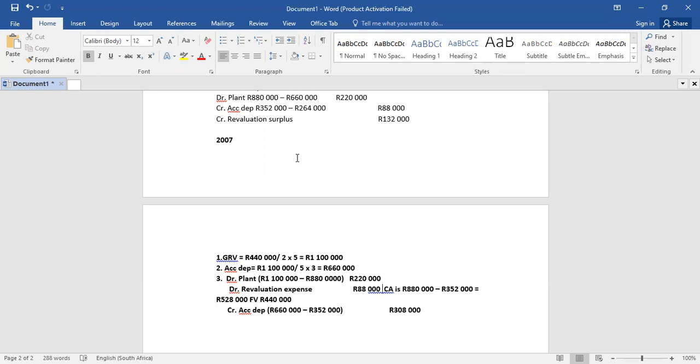Mase kumele u-check ukuthi is it a revaluation expense or a revaluation surplus udinga i-carrying amount. Carrying amount uzoyithola ngokuthi i-GRV ya last year which was 1,100,000 minus 660,000, for 2008 i-carrying amount yakho izoba umehluko between leya GRV ya 1.1 ne-depreciation ya 660,000. Bese ngikhomparisha naleyo value obuzobe uyinikeziwe. Ubheke ukuthi is it a surplus or an expense? I hope kuyezwakala.